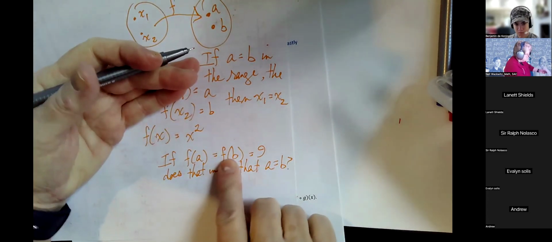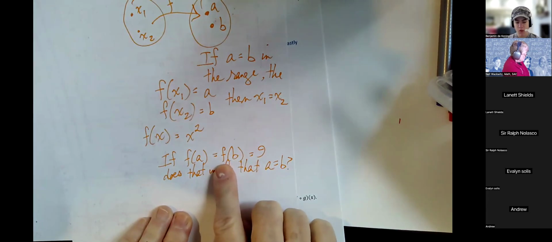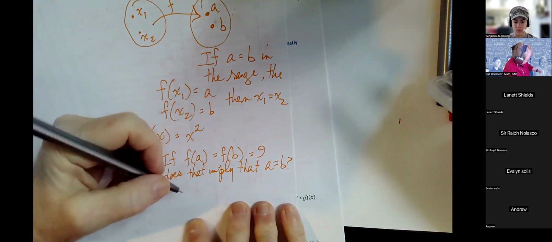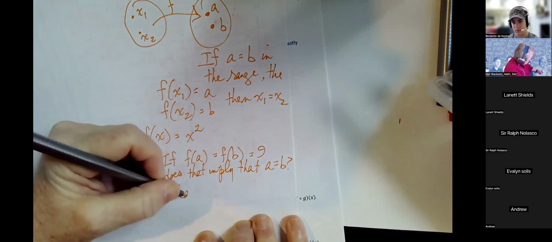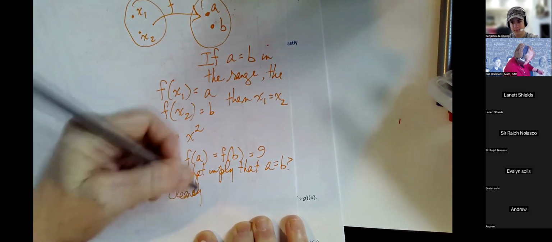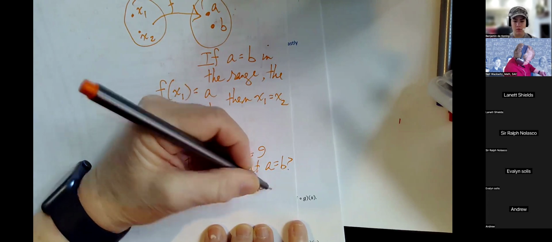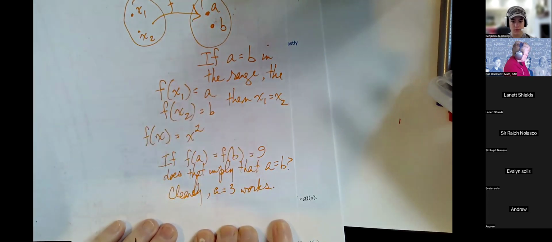What is one obvious way to get to 9 if we're using x squared? 3. A equals 3 works. Is there any other number we can square and get to 9?